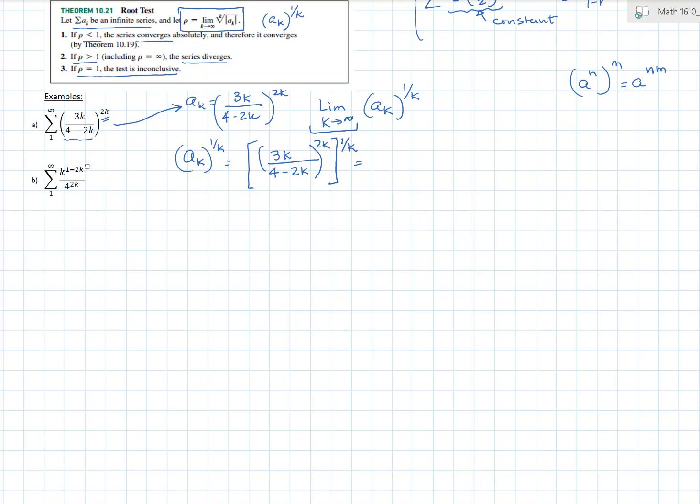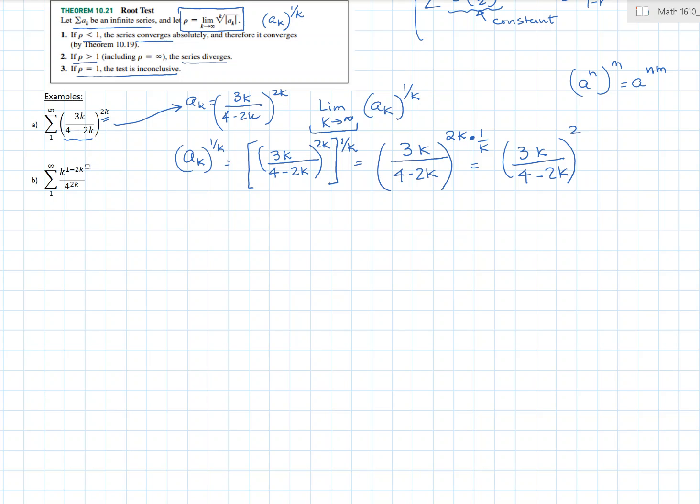Same idea. So I'll be left with 3k over 4 minus 2k raised to the power 2k times 1 over k. How convenient. The exponent becomes simply 2.